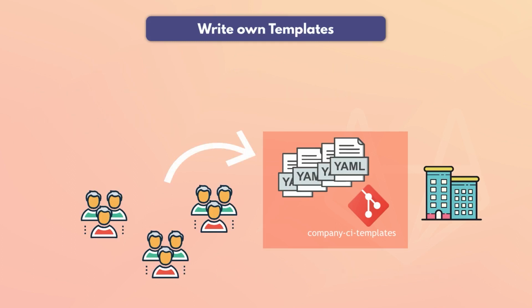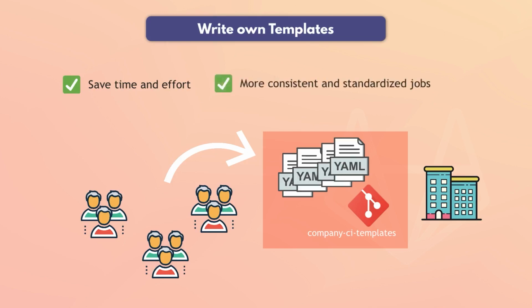This way, you can save your developers a lot of unnecessary time and effort, and you will end up having more consistent and standardized testing, building, deploying processes for your applications throughout your organization. So instead of everyone putting together their own weird pipeline, you have one standardized pipeline or parts of the pipeline that everyone can reuse.